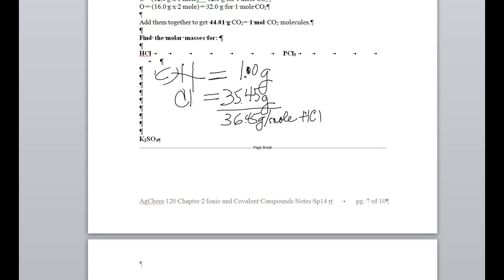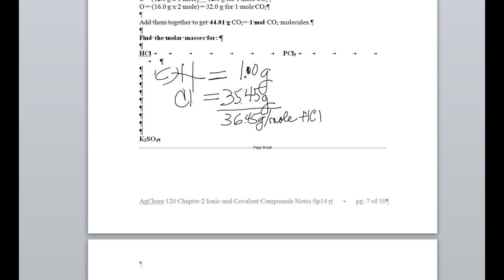Has anybody multiplied 35.45 times 3 yet? I didn't hear you. 3.5. So that's grams per mole Cl3.